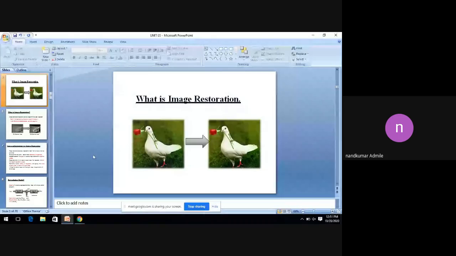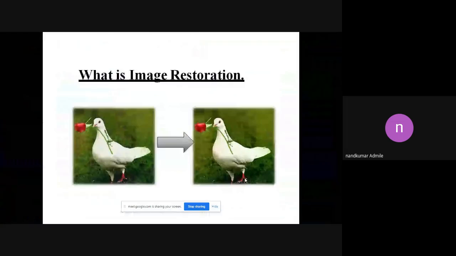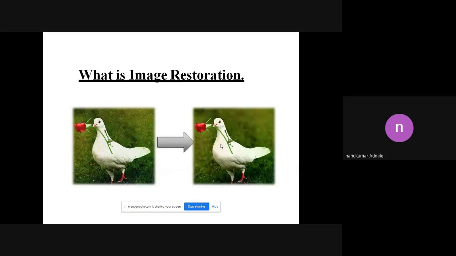So look at the example, focus on your screen and observe the two images. The left hand side image consists of some blur and the right hand side image is a clear image.